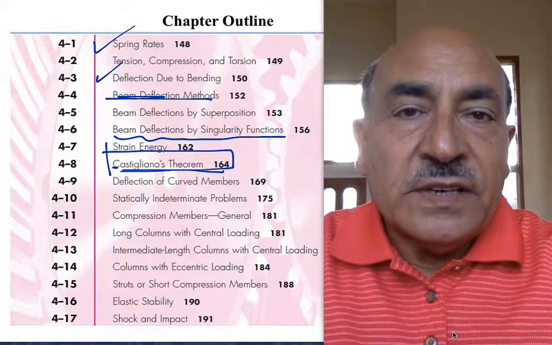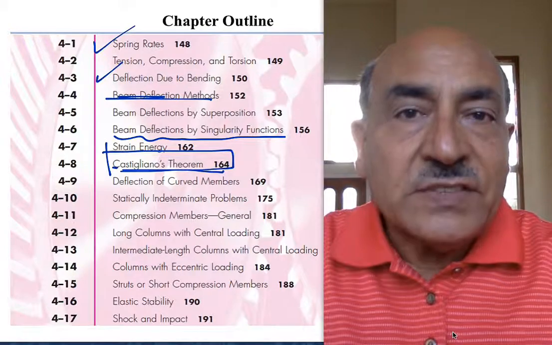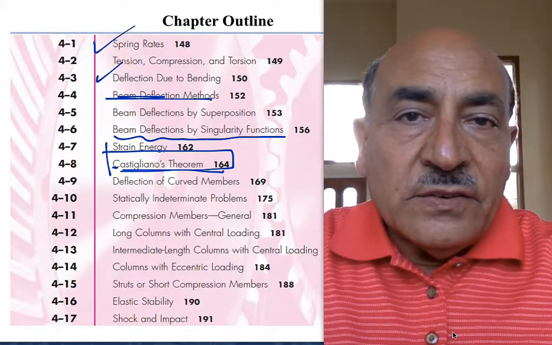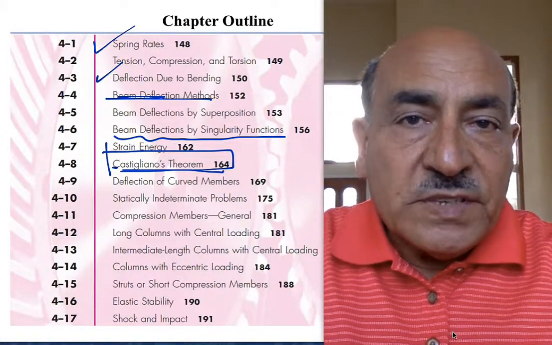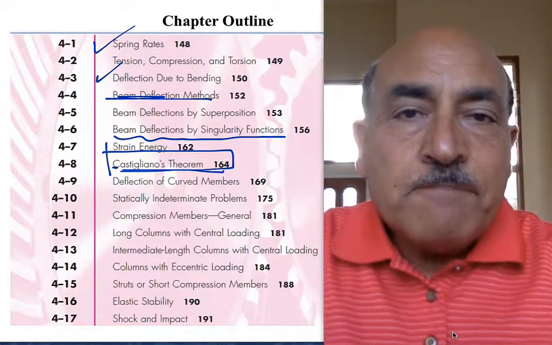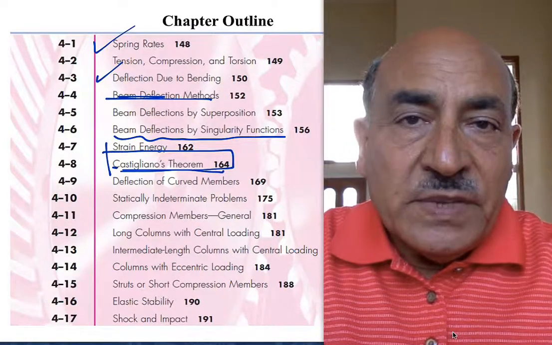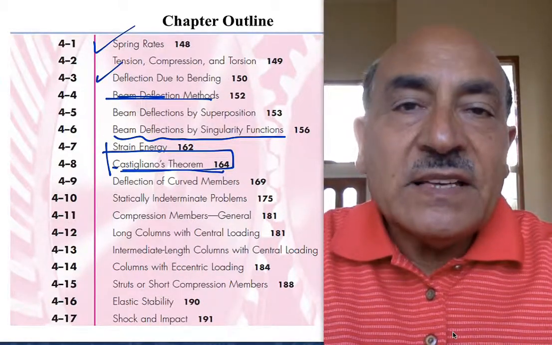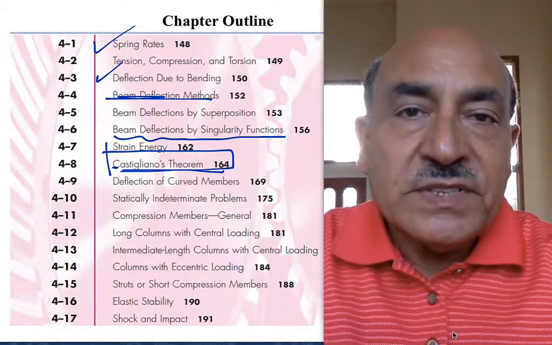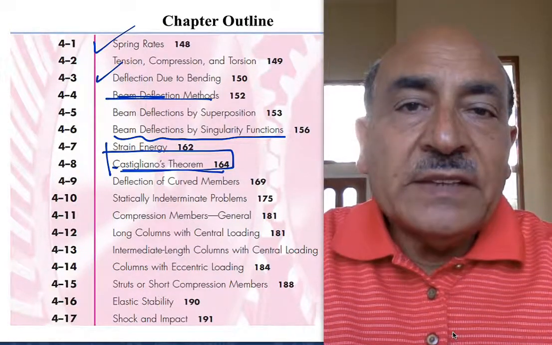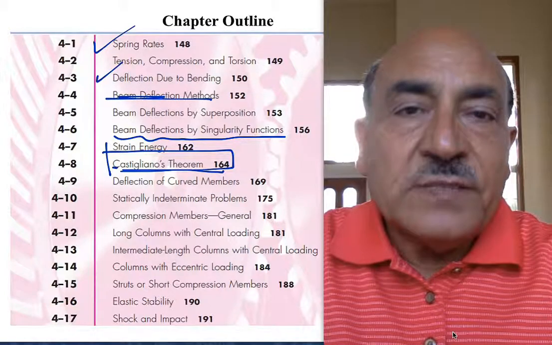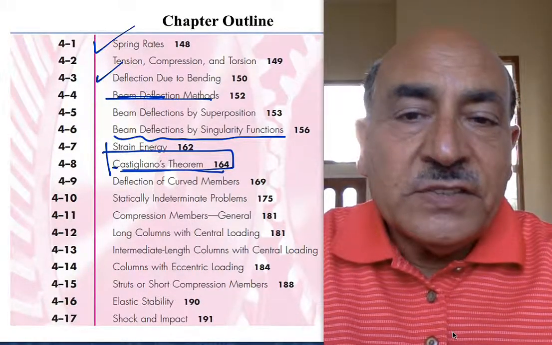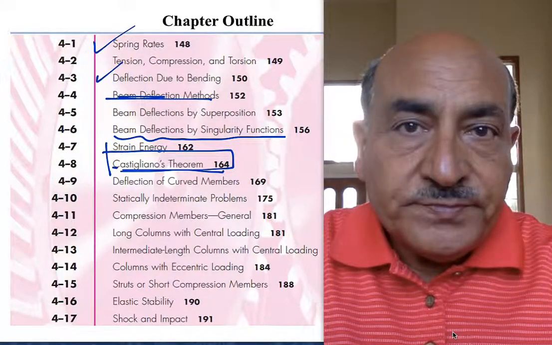However, if the number of reactions is greater than the number of force and moment equilibrium equations, then the beam is called indeterminate, and we need to consider displacements as well as force equilibrium. And Castigliano's theorem allows us to calculate deflections of indeterminate beams as well.